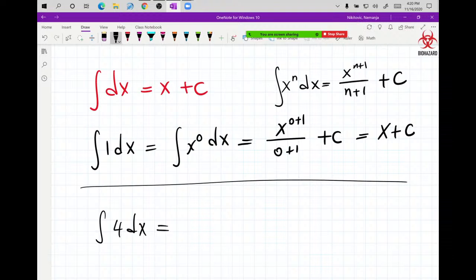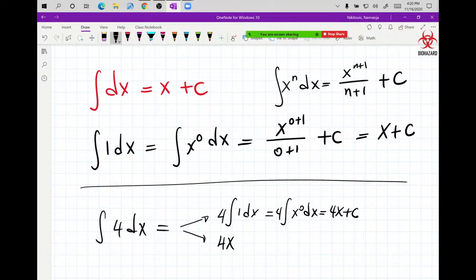One option is to say, oh, kick 4 outside, integral of 1 dx, which is 4, integral of x to the 0 dx equals 4x plus C. Awesome. The other one is like, oh yeah, I remember what he said in the class. If it's just a number, it's immediately that number times x, which is this variable, and then plus C. I don't care which way you are going to remember this.